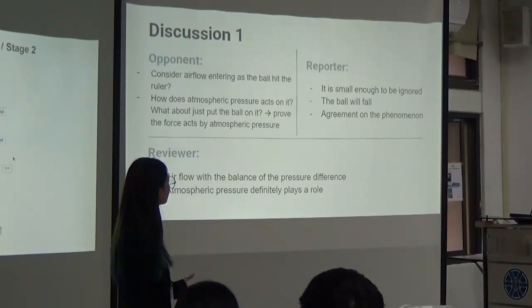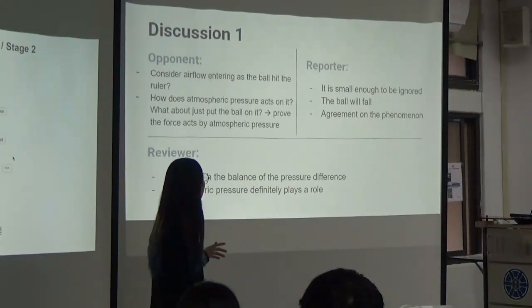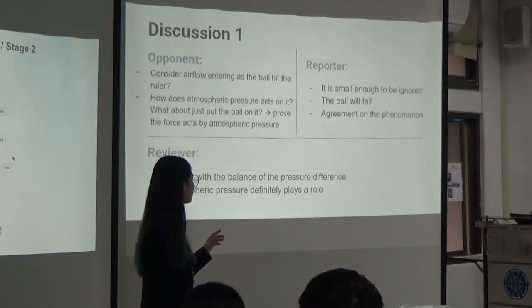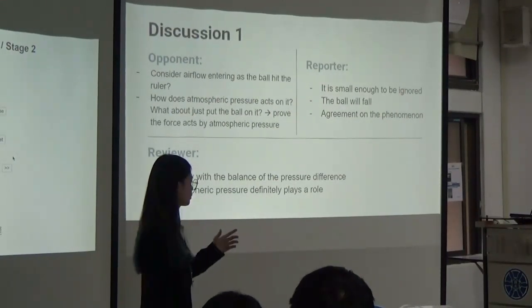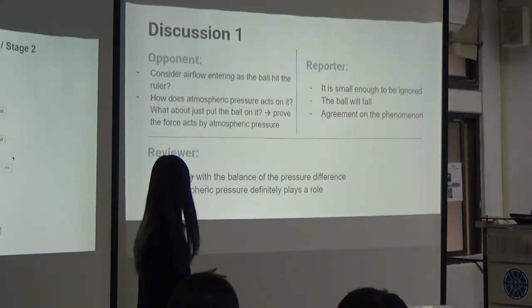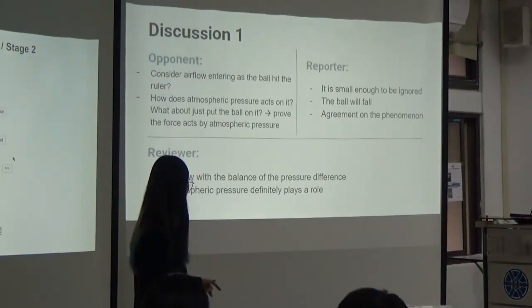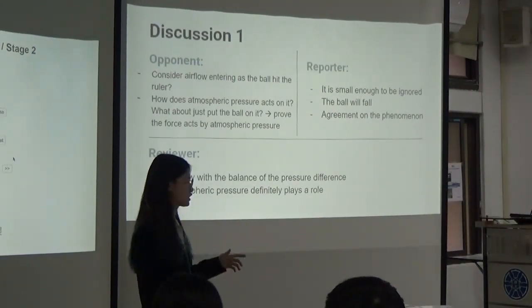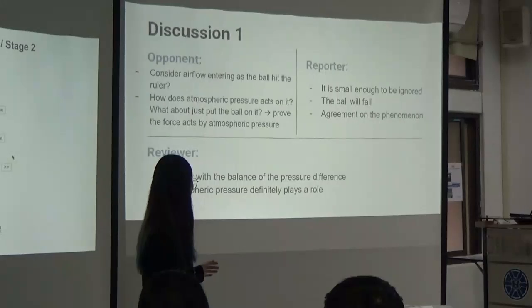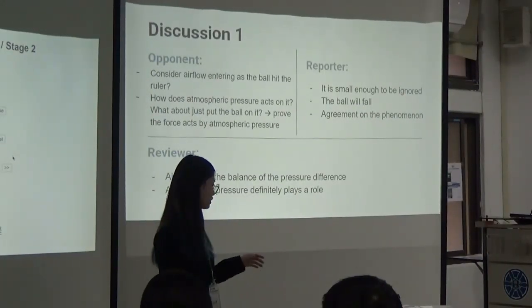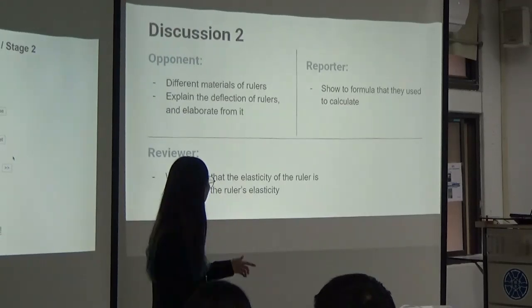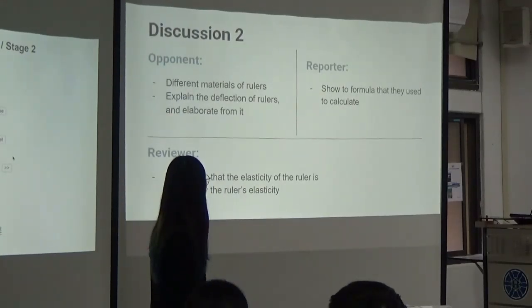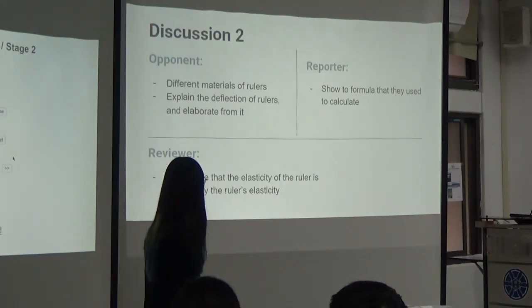The reporters think the atmospheric pressure is small enough to be ignored, and they also agree with the opponent's choice that the ball will fall as it goes. So we as reviewers agree that airflow will balance off the air pressure, which definitely plays a role in this phenomenon. Next, the opponents asked about the different materials used.